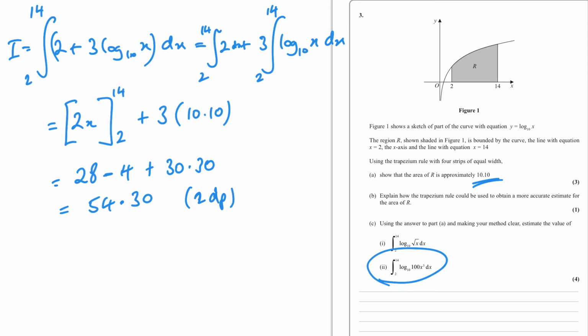So in my calculator, when I just substitute the original function here, I get 54.69659 and so on. So it's 54.7, so it's very, very close to my estimate. So I know that I'm unlikely to have made a mistake in this, and that's what you want to do. Just use your calculator to double check that your estimate is close to the actual answer.